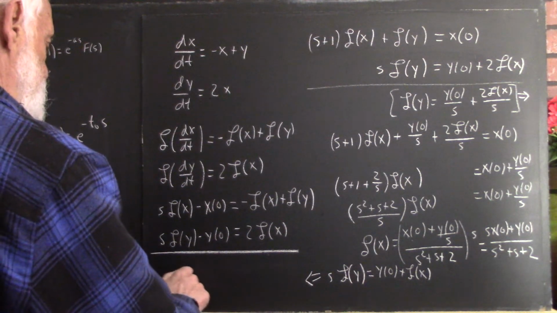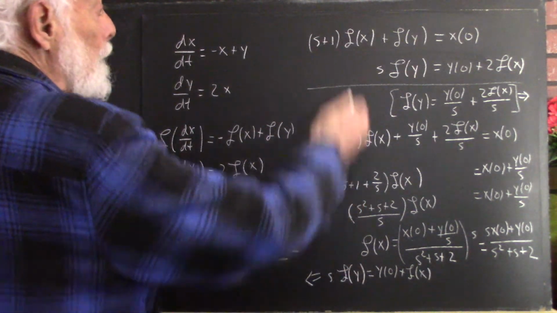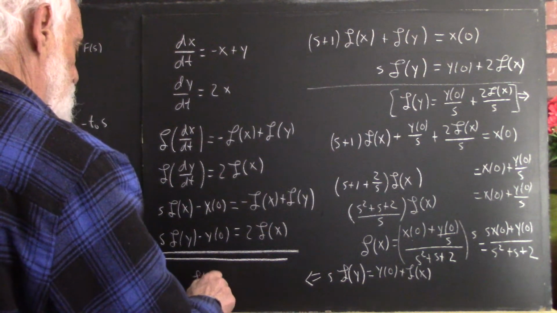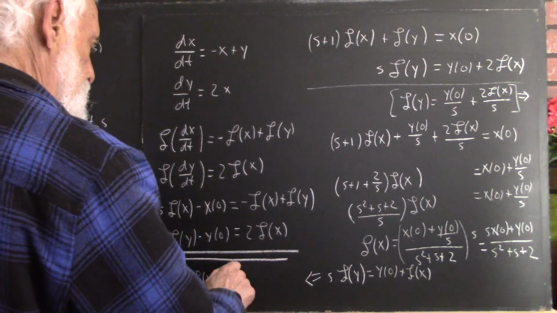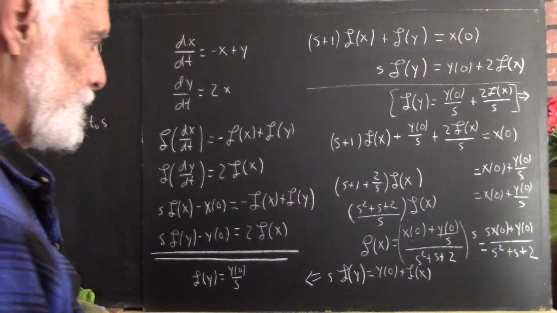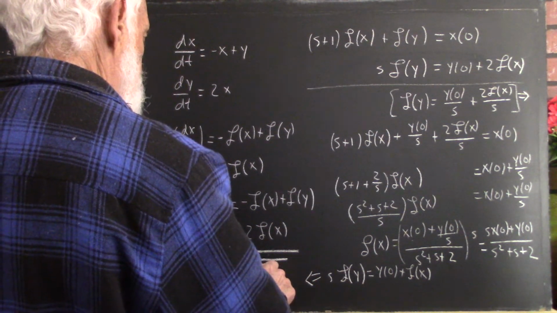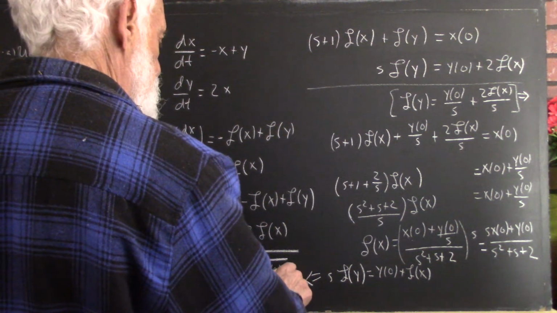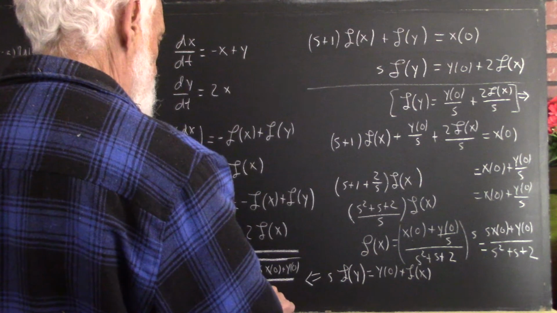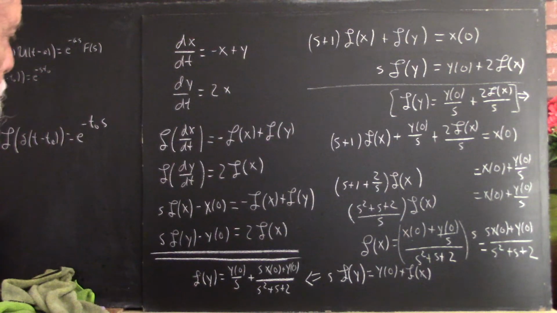We're going to put two underlines here to indicate that this step doesn't follow from this, it follows from this, which is all the way over here. It follows that the Laplace transform of y is y of 0 over s plus s x of 0 plus y of 0 over s squared plus s plus 2.